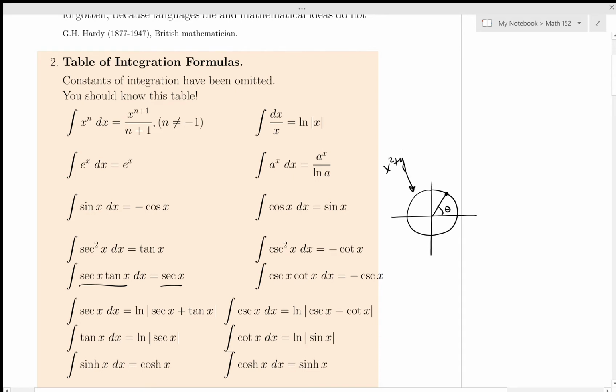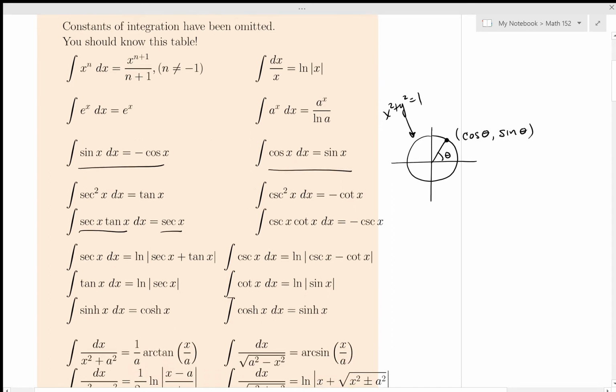So this is speaking to the definition of the sine and cosine function. The coordinates of this point right here are cosine theta, sine theta, like that. And we have these corresponding relationships between the sine and the cosine.